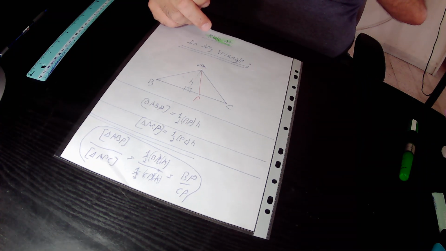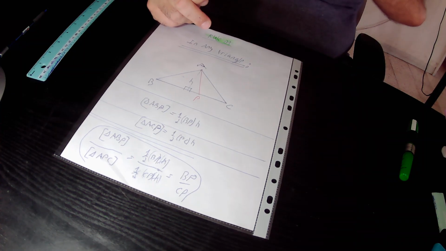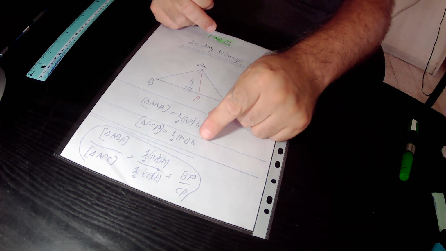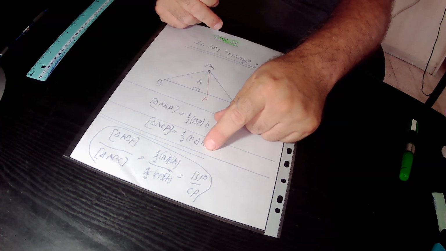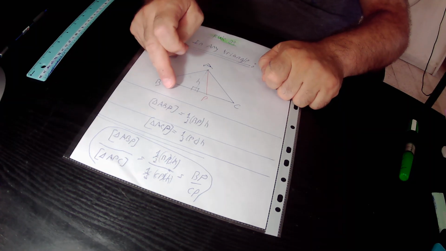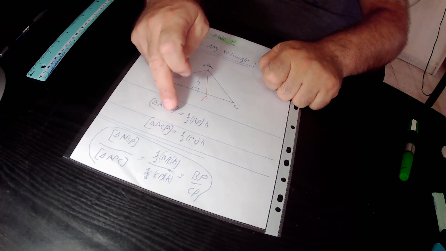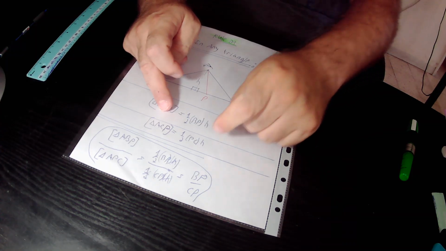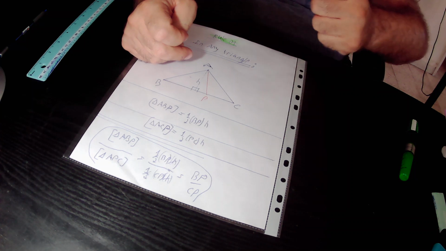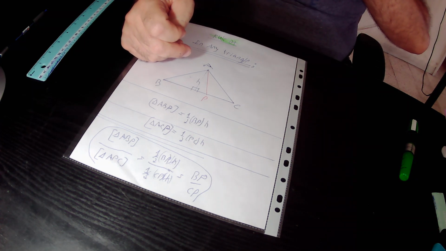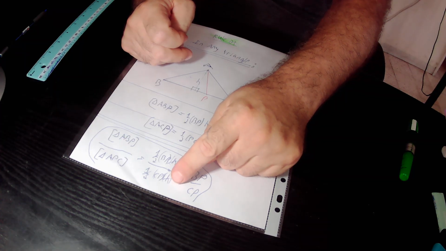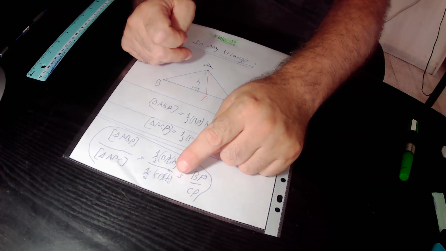We arrived at this equation by putting those two expressions here. That is, the ratio of the area of triangle ABP to the area of triangle ACP is the ratio between those two expressions. We have the height in both the numerator and the denominator, so it gets cancelled.